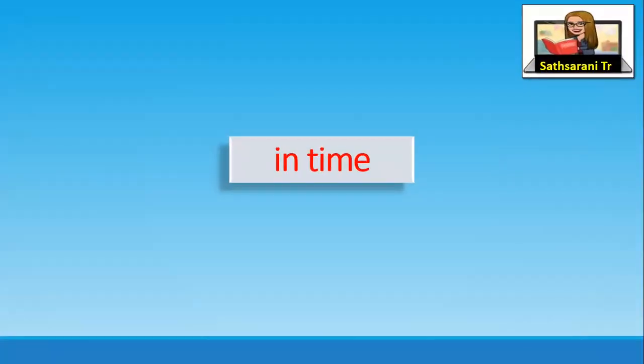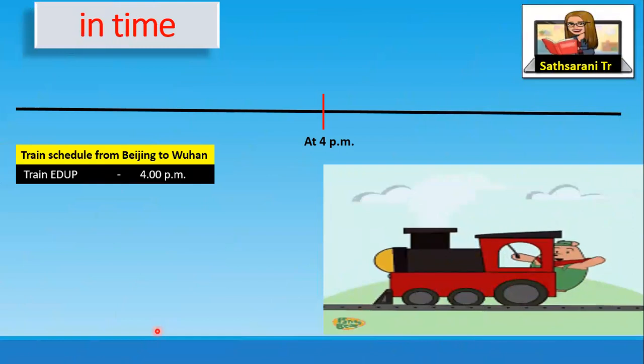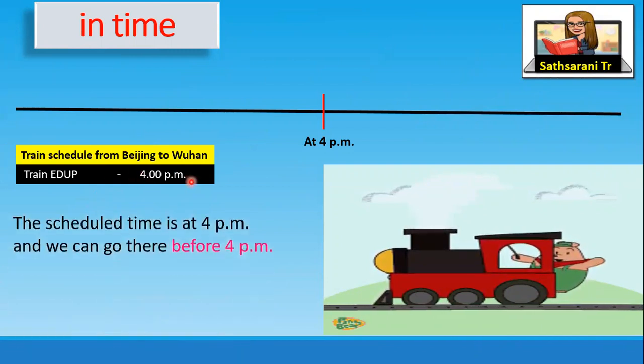Next one, in time. When you use in time, look here. The scheduled time is 4 o'clock, 4 p.m. If you want to catch the train, you should go before 4 p.m. Otherwise, you miss the train.